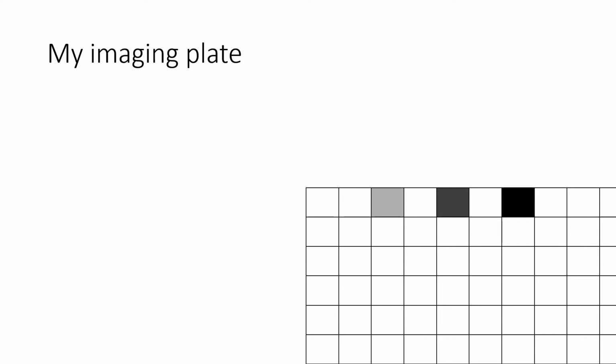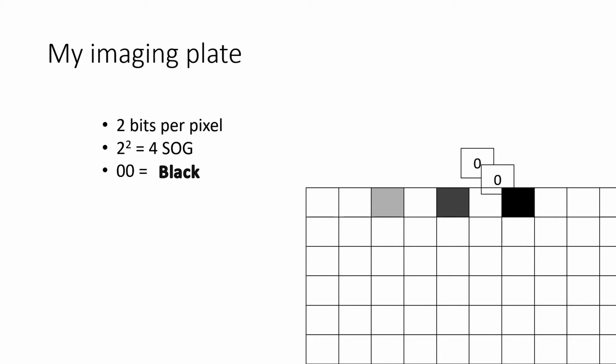Here is the upper left corner of the example imaging plate. Each square represents a pixel, and 4 of the pixels are highlighted. Just a reminder, my example plate will display 2 bits per pixel, or 4 shades of gray. The pixel on the right represents a digital 0, so it displays as a black pixel.